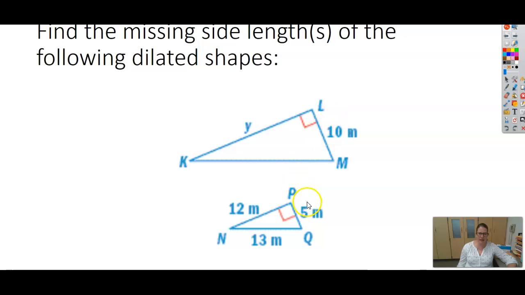This one is 10, and this one is 5. Okay, so I can see that if I put my image over my pre-image, that my scale factor is equal to 2. So in order to get the other side, I'm going to have to take the pre-image and multiply it by the scale factor. So y would be equal to 24.